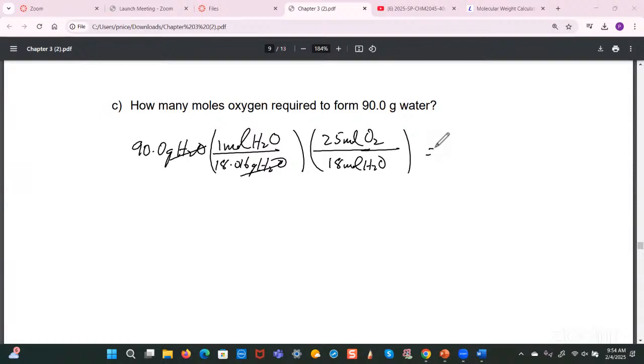So let's see what that gives. 90 divided by 18.016 times 25 divided by 18. So according to my calculation, I got, rounded down, 368.77 moles of O2.